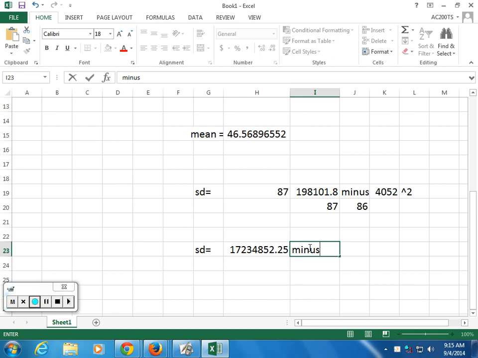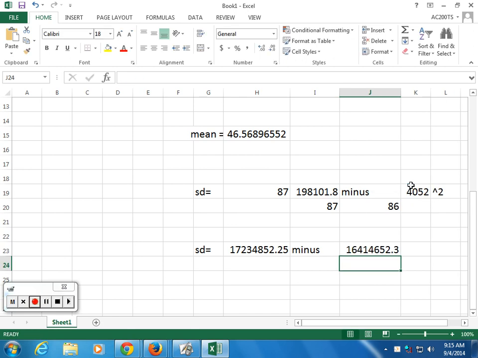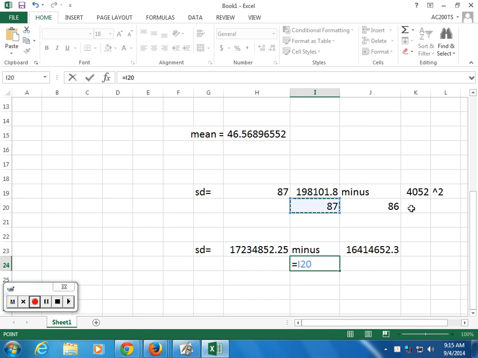Minus, it's going to be equals this guy raised to the second power. Is this number always going to be smaller than this number? Yeah. And if it's not, you've done something wrong. Divided by 87 times 86.